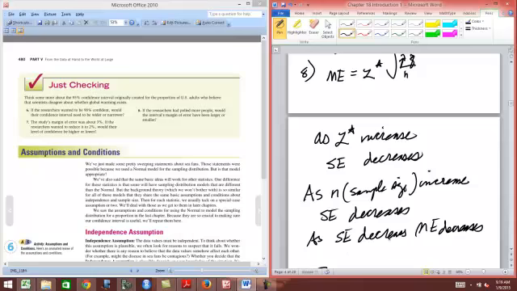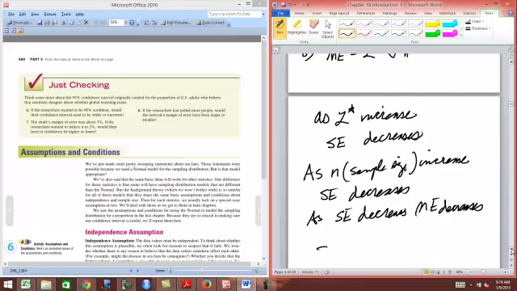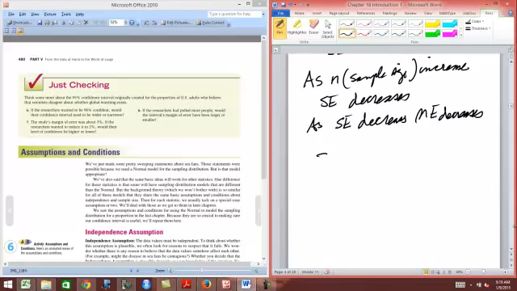And all you got to do is just keep the whole shebang clear in your head, okay? Confidence interval equals p hat plus or minus z star times the square root of p hat q hat over n. So you can see if n increases, the whole thing's going to get smaller.